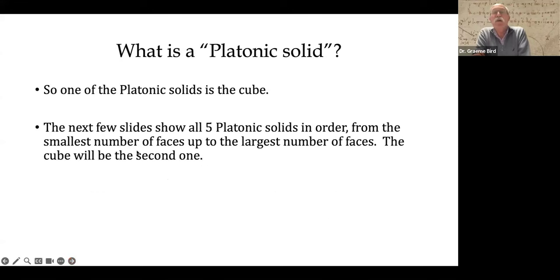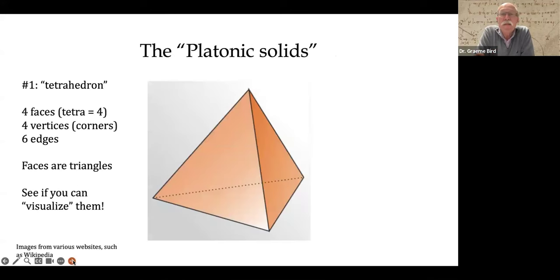So we're going to see all the 5 Platonic solids in order from the smallest number of faces up to the largest number. And the cube will be the second one because that has the second smallest number of faces. So this is a tetrahedron. My images, I got them just from Googling around Wikipedia and various other places.